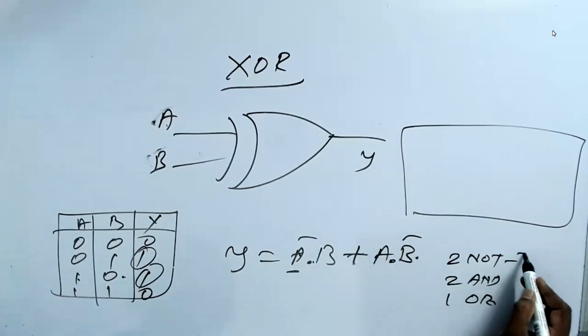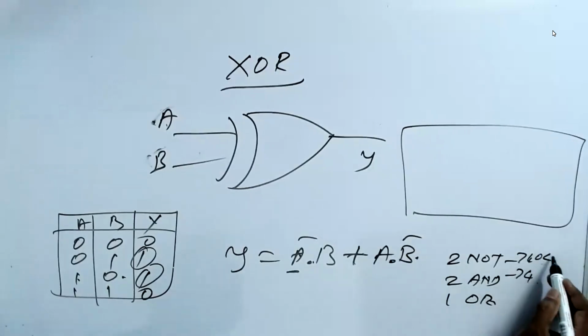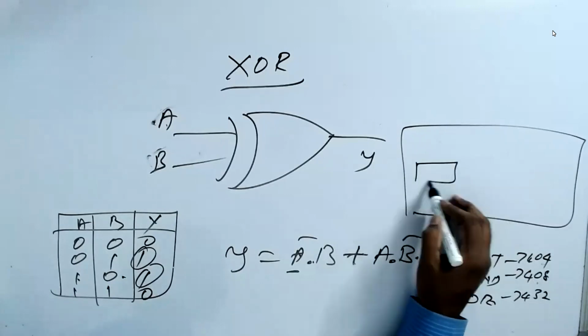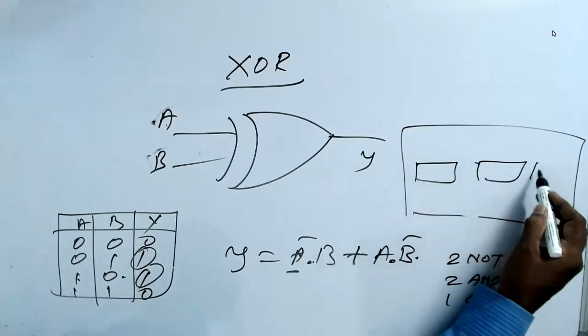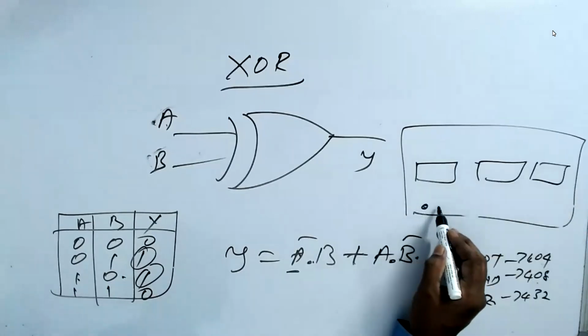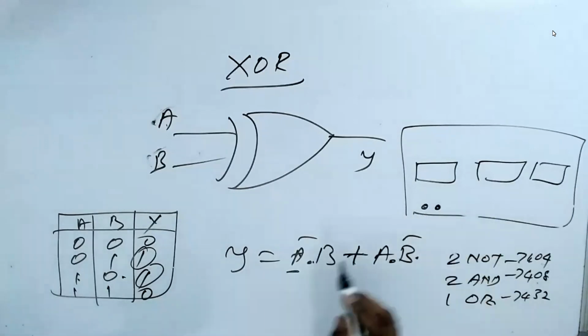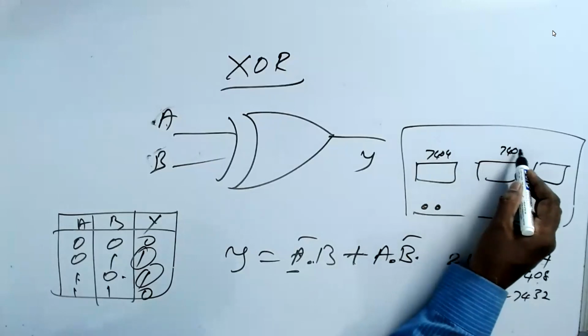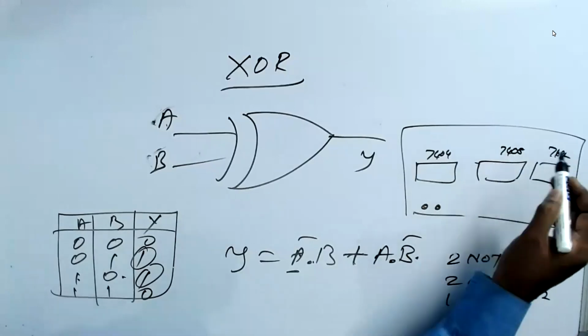So this is 7408, this is 7404, 7432. We plug the ICs into the breadboard. We take the two inputs A and B. This is 7404, 7408, 7432.